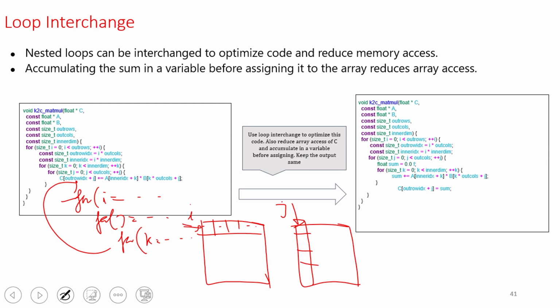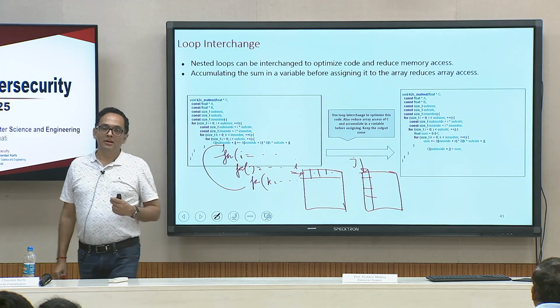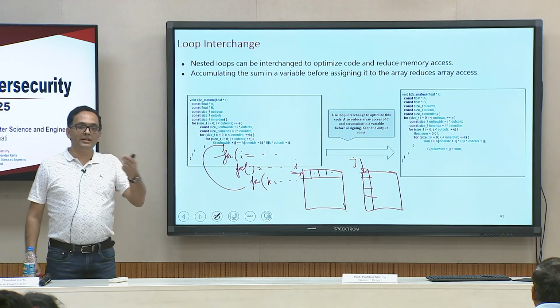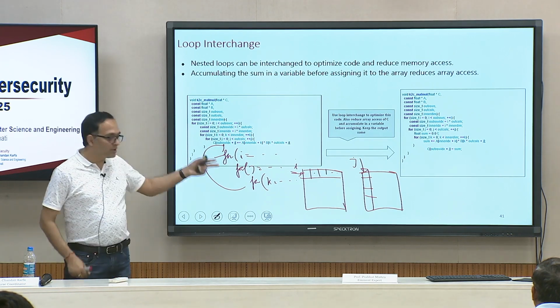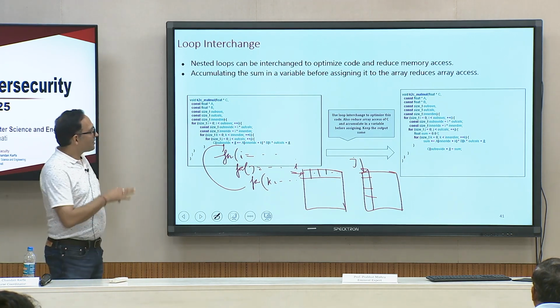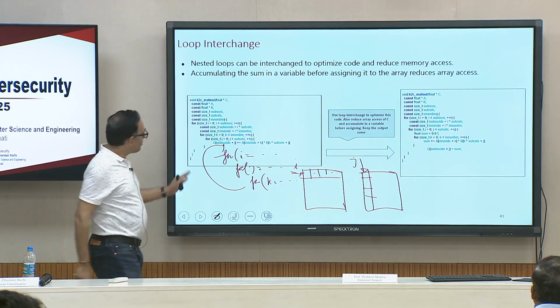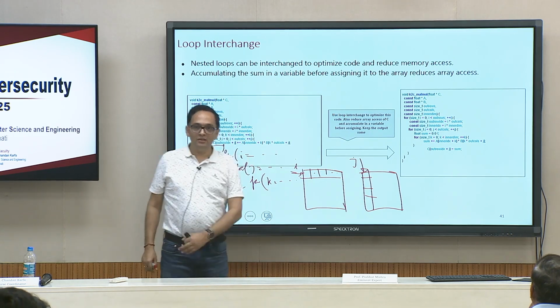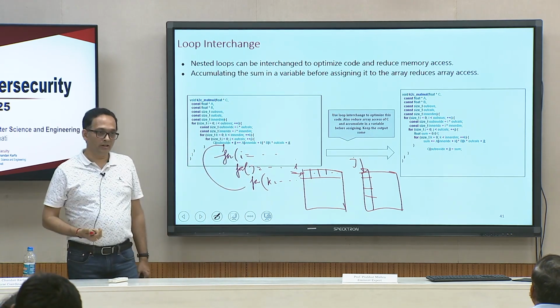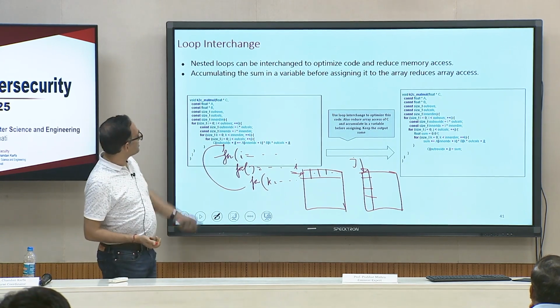In this you are going to read the same value 10 times, but if you write k i j, you are going to read once and reuse more. You can go and check the detail, but that actually happens. So, just converting your i j k into k i j makes your code hardware friendly. That is called loop interchange.